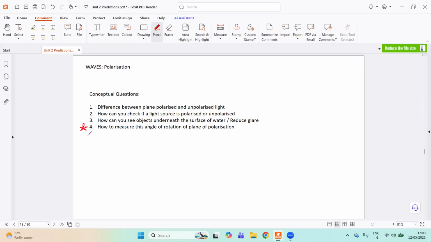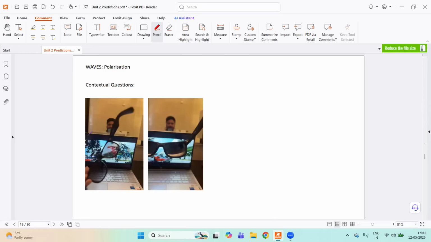What they can also ask you is some contextual question. For example, you see, when I hold my sunglass, that's me, by the way. When I hold my sunglass like this, I can see through the glass and look at the screen, and I can see the screen. But the moment I rotate this 90 degrees, the screen becomes invisible.